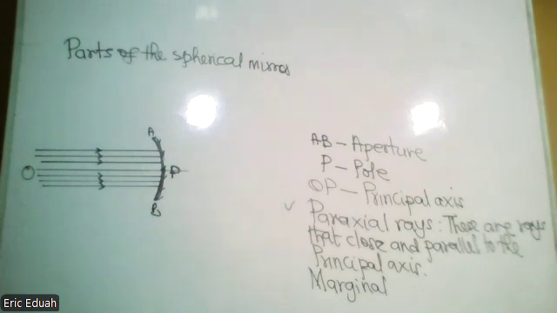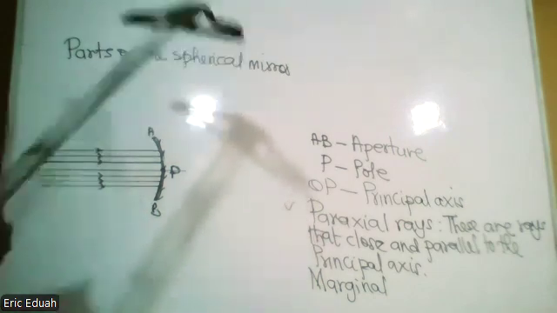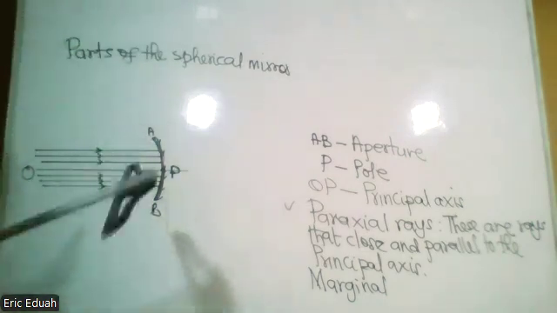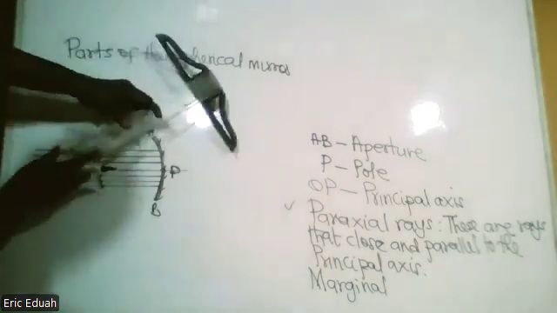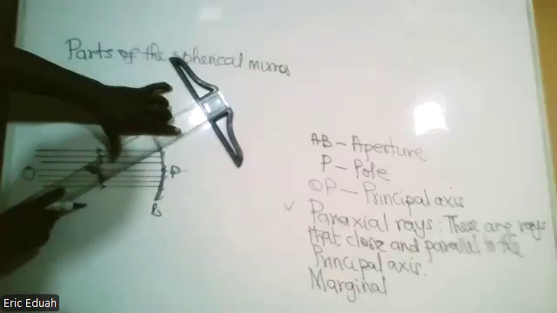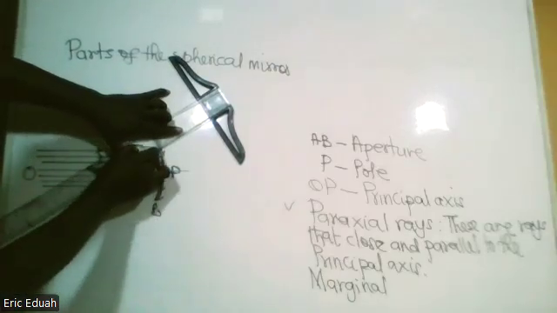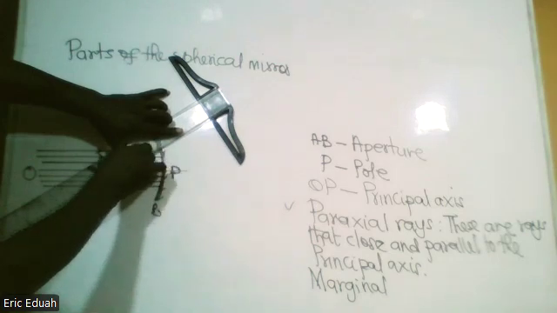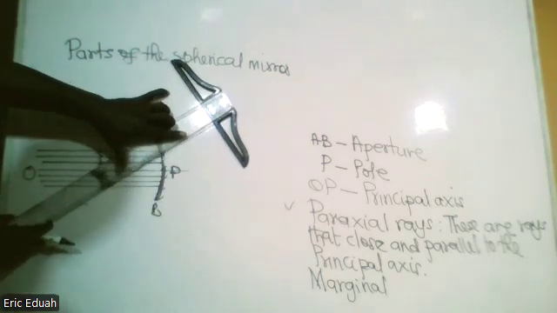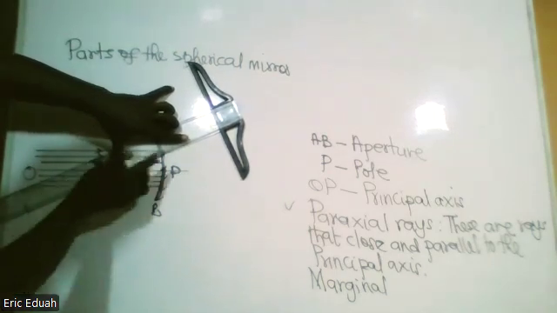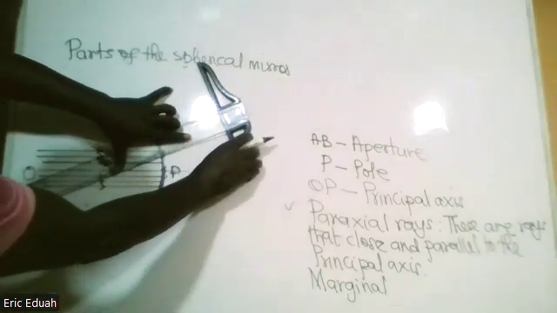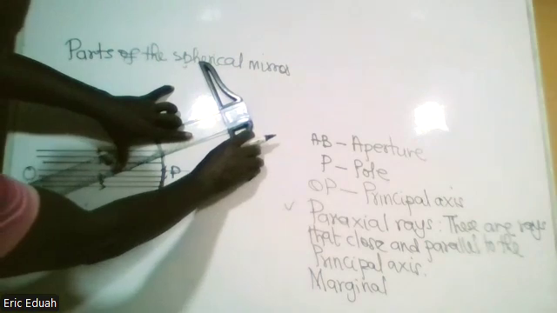Now, when rays are so parallel and close to the principal axis, what happens is that after reflection by the mirror, they all intersect at a point. The condition is that all the rays must be close and parallel to the principal axis, meaning they must be paraxial.